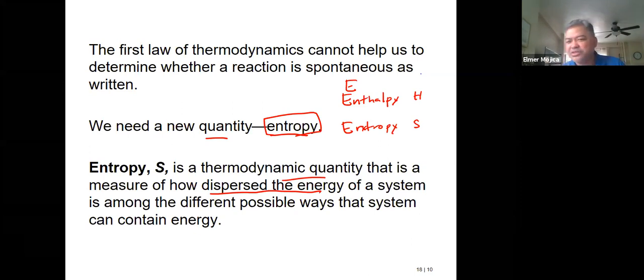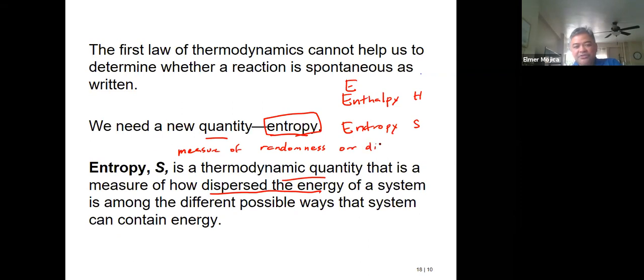It's a little bit too deep, so I tried to make it simpler. Delta S, or S, is just a measure of randomness. If that's still hard for you, then I would say it's a measure of disorderliness or disorder. So that is what we call entropy.